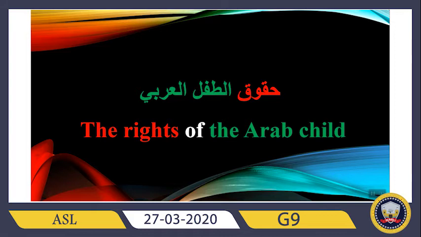Arabic has a lot of grammar and a lot of rich words. That's why translating from Arabic to English is easy, but translating from English to Arabic is a little bit hard, because you need to keep the structure and the meaning in the right way.